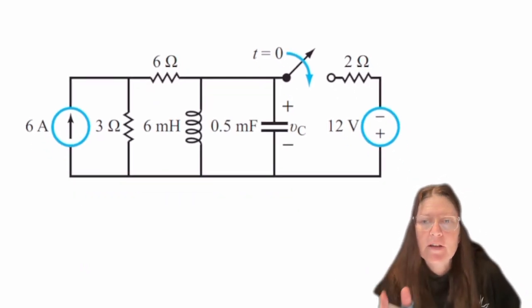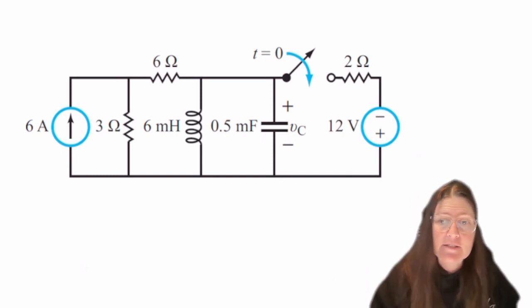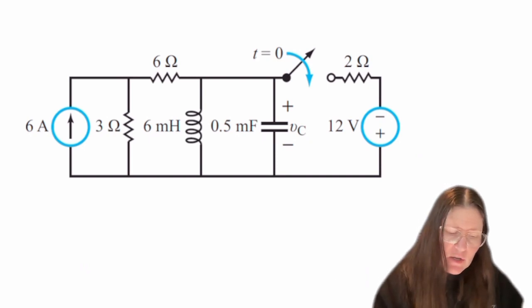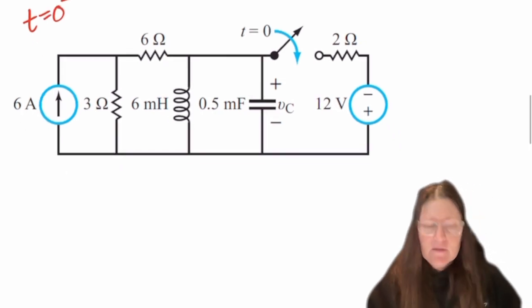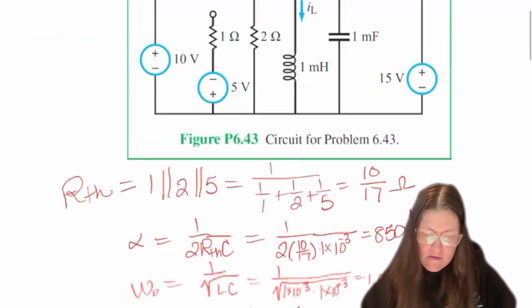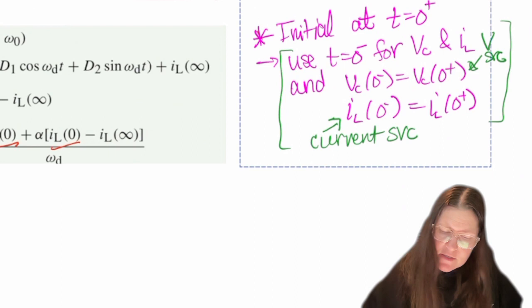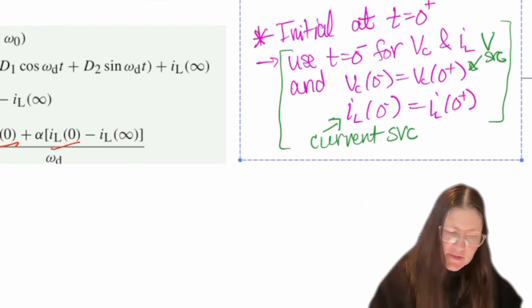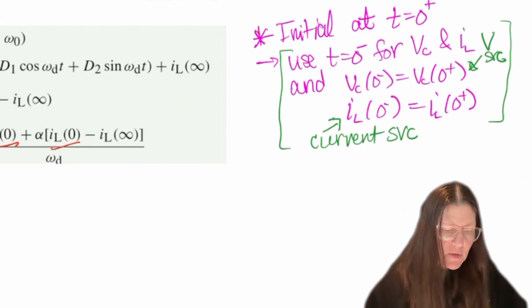So again, we want to find initial time is right after the switch. So whatever voltage or current is after the switch. But first we'll need to find before the switch to determine that initial value. So our initial is always at t equals 0 plus.